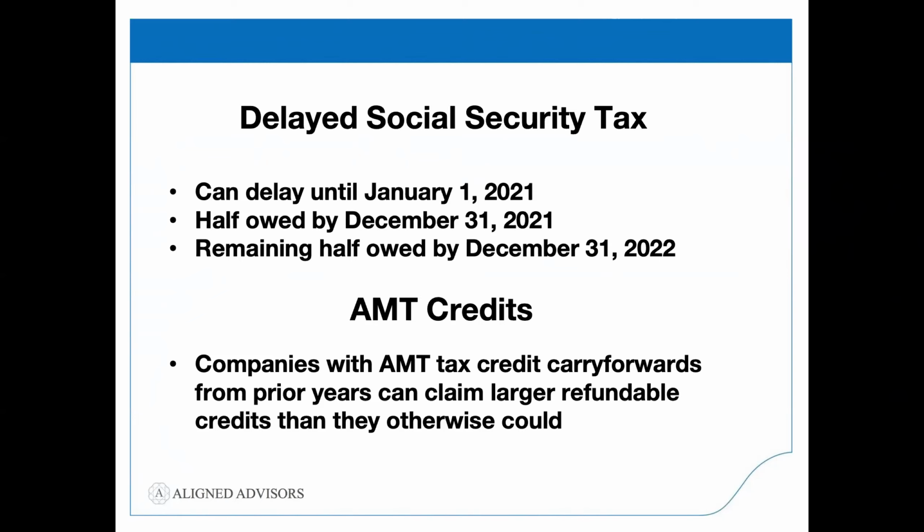So under the CARES Act, those credits, if you had qualified for any of them, you get essentially more sooner than you otherwise would. So again, that probably won't apply to most of you, but if you did have alternative minimum tax prior to 2018, then this is something you should look into.